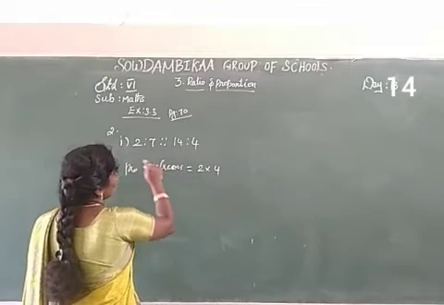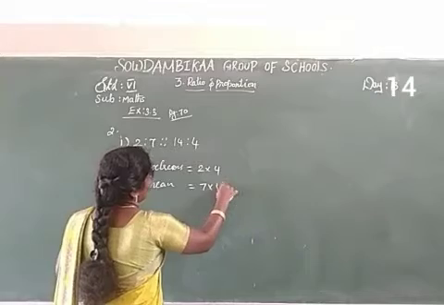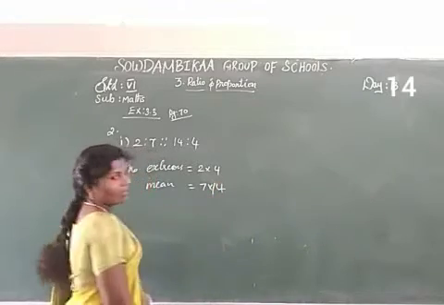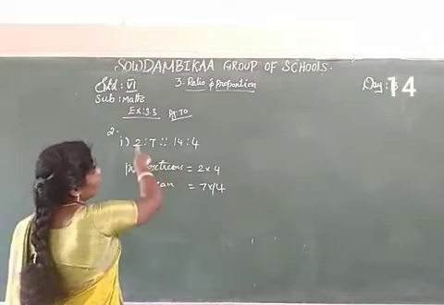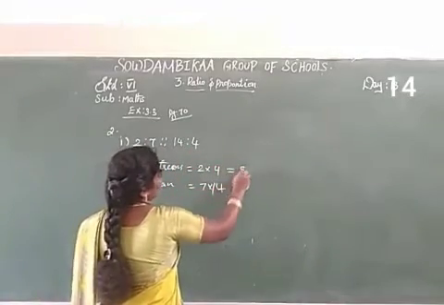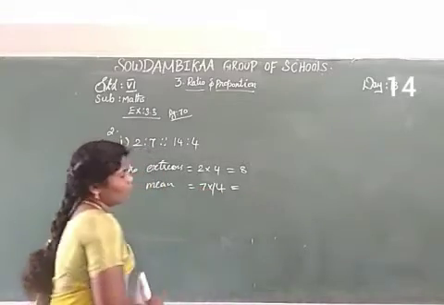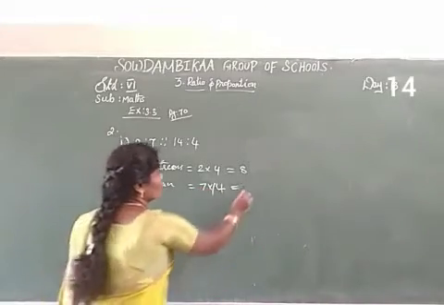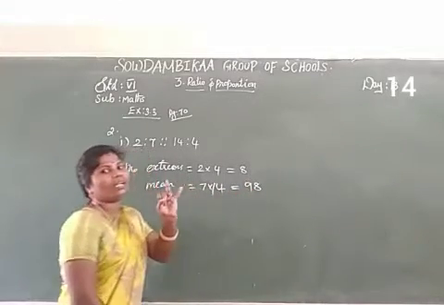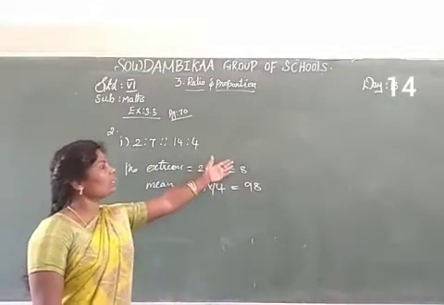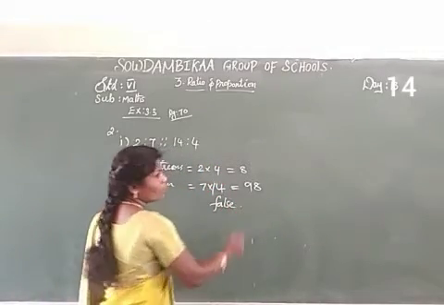Next, product of means: 7 into 14. 2 4s are 8. 7 4s are 28, 7 1s are 7, 98. 98 is not equal to 8, so the first one is false.